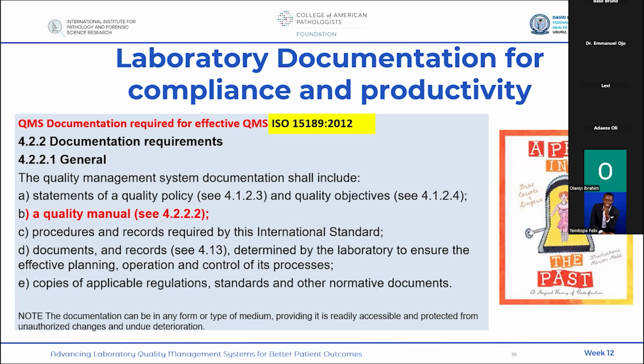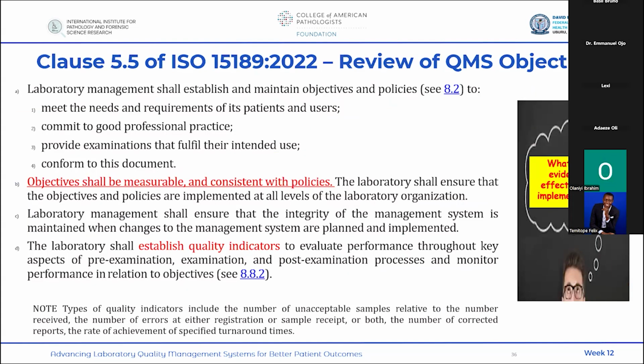So that there has to be a statement of quality policy and quality objectives. Of course, I've talked about the quality manual, the SOPs and records required, documents and record copies of applicable regulations, including the ISO 15189 standard itself, has to be retained as part of the documentation requirements. And of course, it has to be controlled properly.